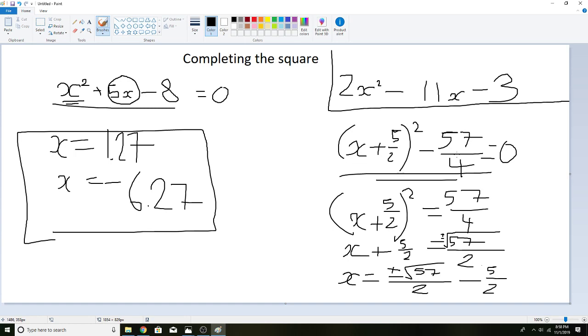So right at the bottom of the quadratic equation we'll have a certain y value, and as we can see here, it will be minus 57 over 4. Now minus 57 over 4, let's just see what it is.